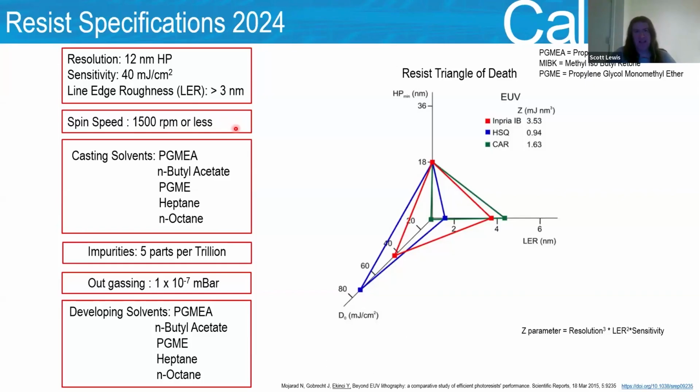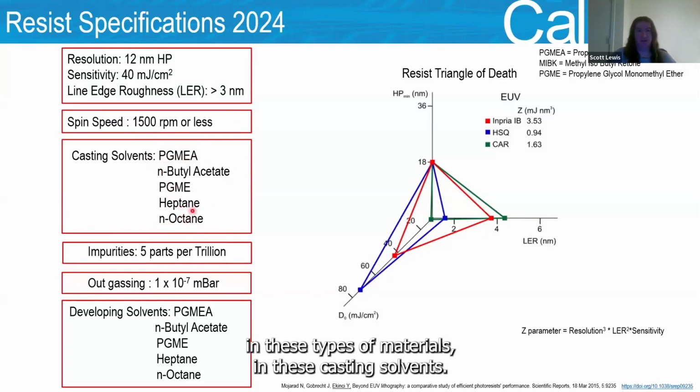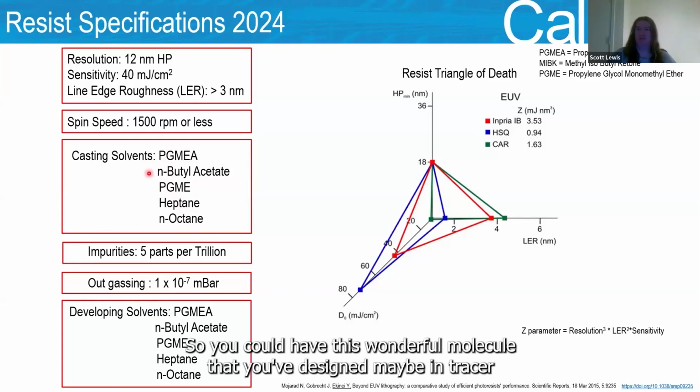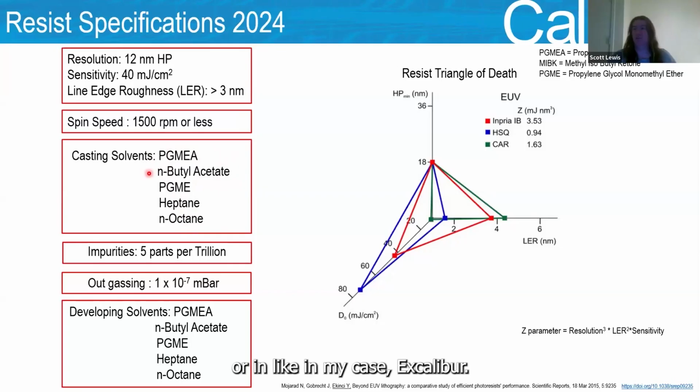Now another industry standard. This is what makes things difficult, because I have a resist that might not be soluble in these types of materials, these casting solvents. So that becomes very difficult. You could have this wonderful molecule that you've designed, maybe in Tracer, or in my case, Excalibur.